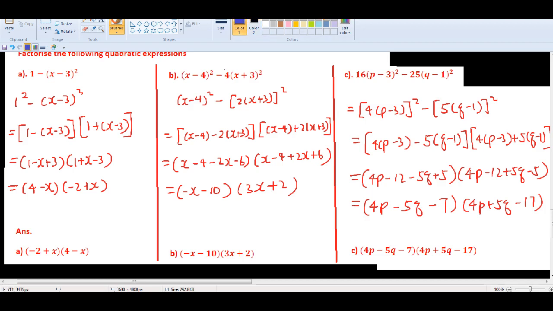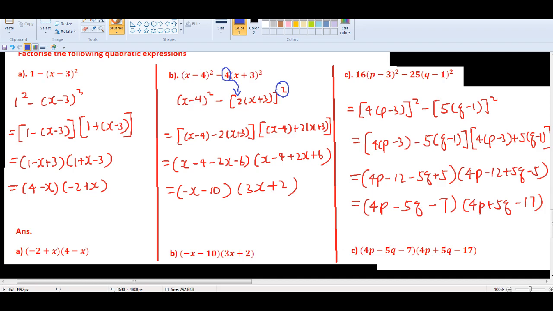And of course, because there are 2 brackets, you need to create 2 square brackets for the 2 parts, and then within that, you can remove the inner brackets, and you downgrade that square bracket into the normal bracket, and you just simplify the stuff inside.